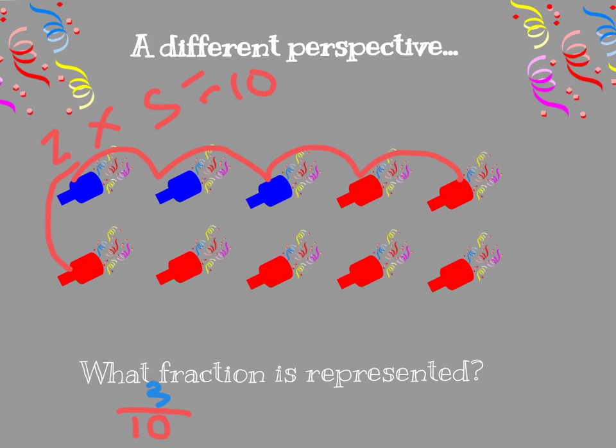Well, how do we get our tenths to be 100? We discussed that in the last example. We know that we need to multiply that 10 times 10 because that will give us 100. And because we are wanting to have equivalent fractions, we're going to multiply our numerator by 10 as well.